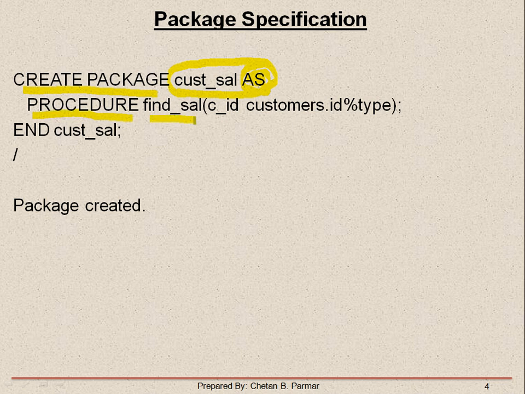The procedure name is find_salary, which takes one argument, the customer ID, and this customer ID is typed using %TYPE. Here I am providing the table name dot field name, that is customer.id, and then %TYPE. It means c_id takes the same data type as the customer table's ID.